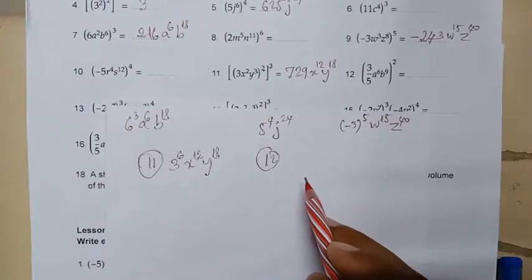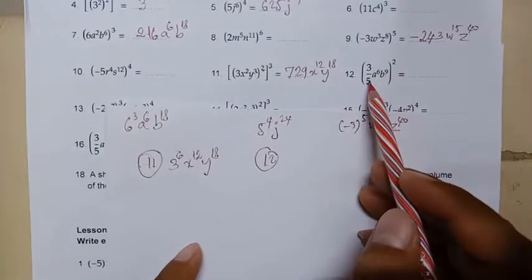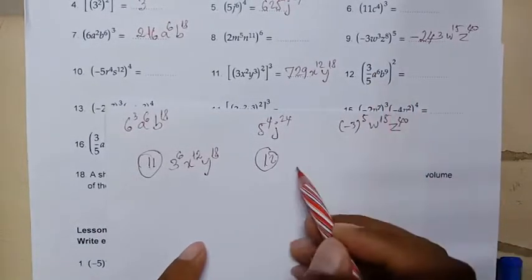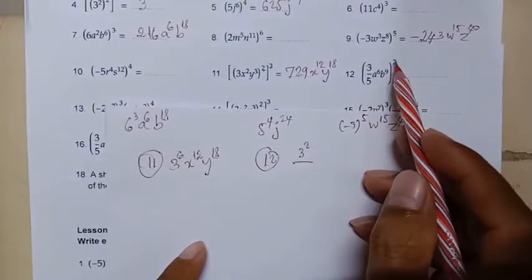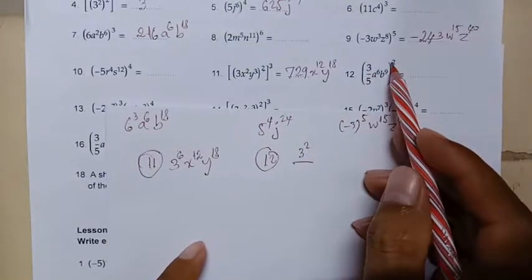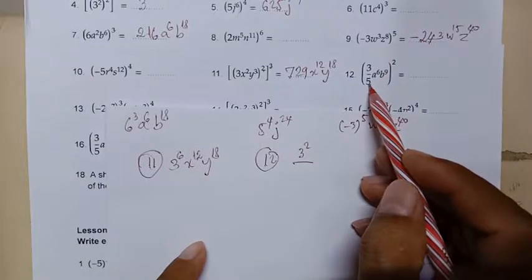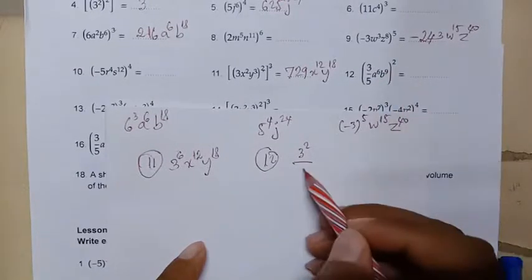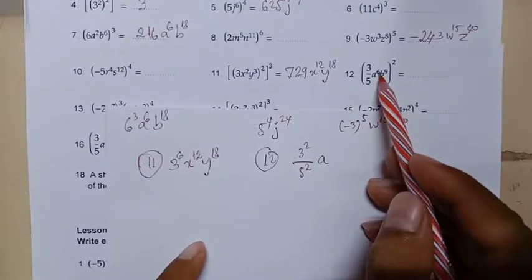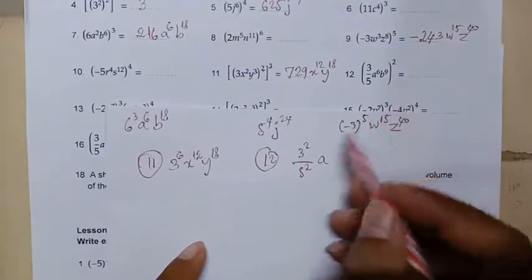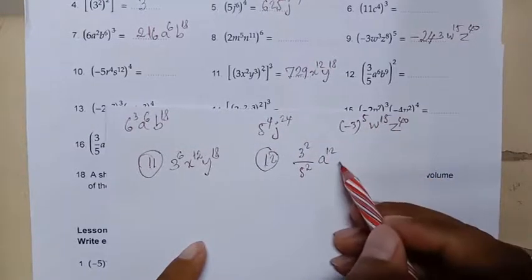Number 12, you have the fraction 3 over 5. So you have 3 squared, and then 5 squared as well. A, 6 times 2, 12.